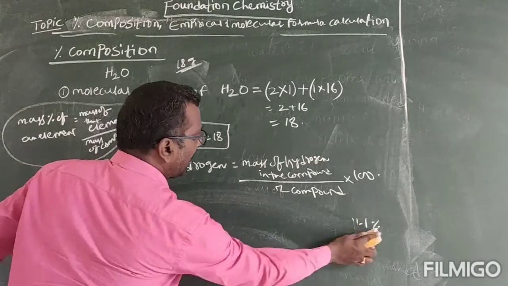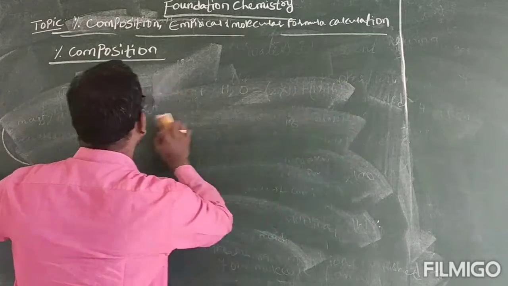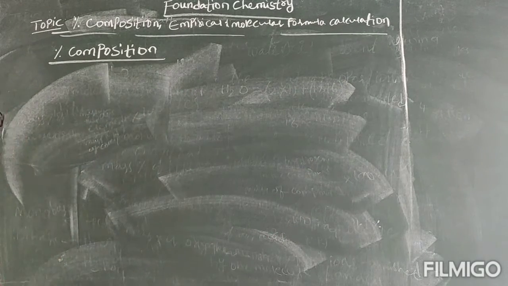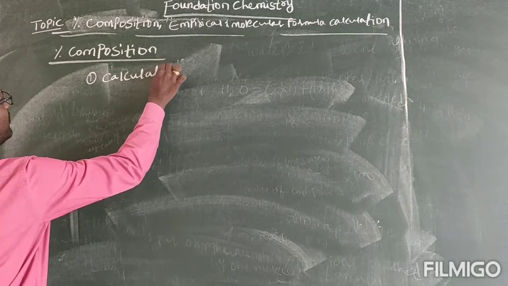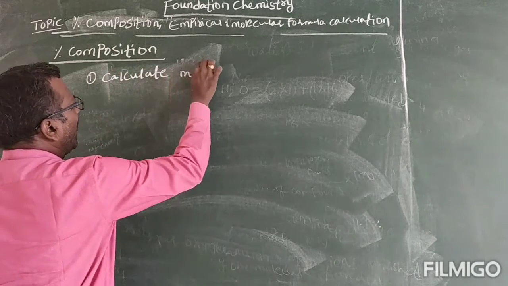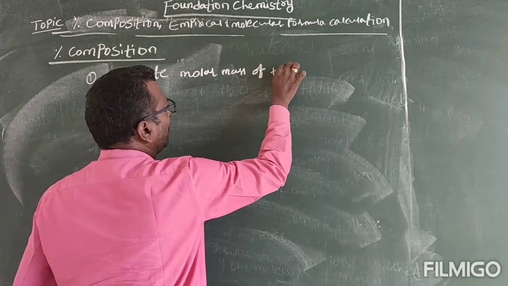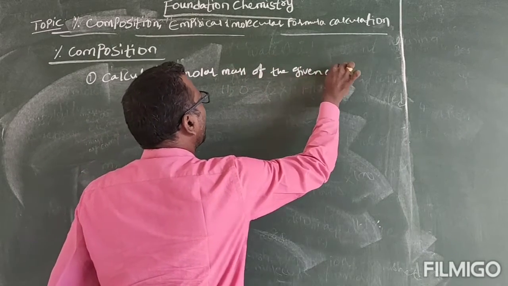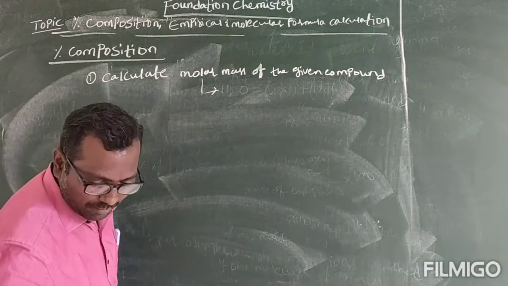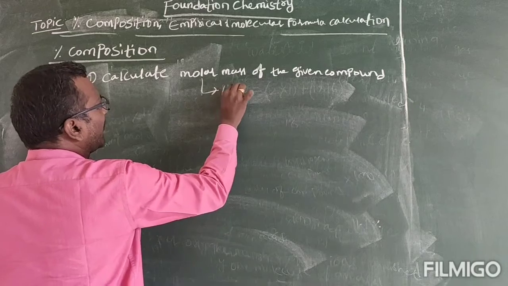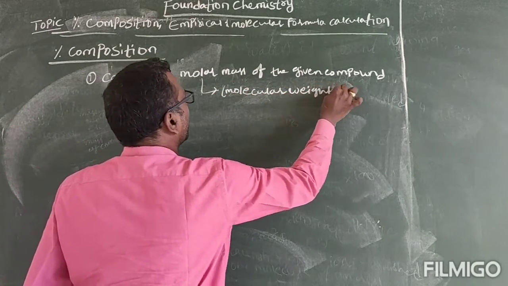So, in general, now I will make a clear note of it. How to calculate the mass percentage? First step: calculate the molar mass of the given compound. How will you calculate the molar mass? That is nothing but the molecular weight of the compound.